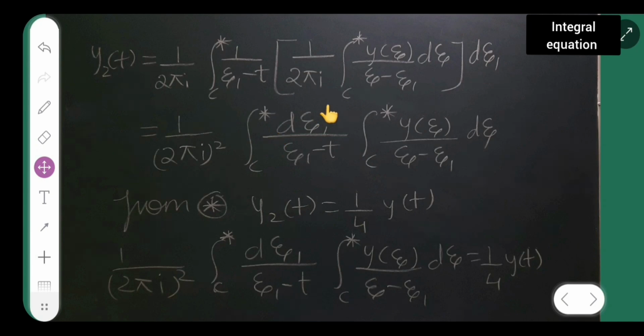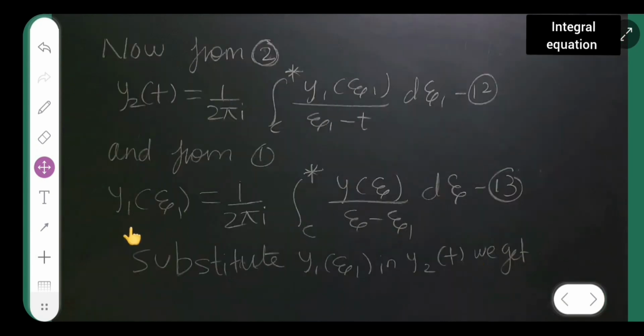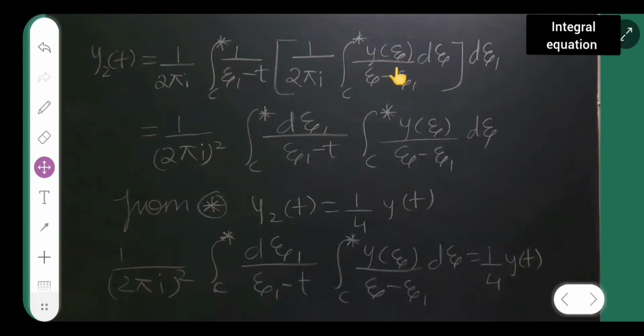Now you will have to substitute this value in this y2 of t, and let's see what we get. What I have done over here is substitute this y1 of xi1 in this y2 of t. Over here, y2 of t is equal to 1 upon 2 pi integral from c to star 1 upon xi1 minus t into this 1 upon 2 pi integral from c to star y xi upon xi minus xi1 dxi into dxi1.